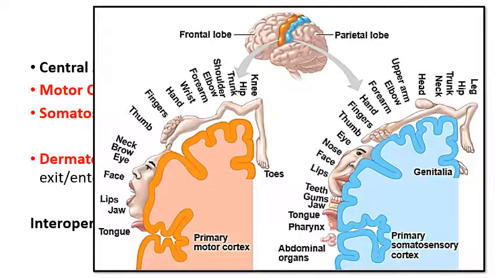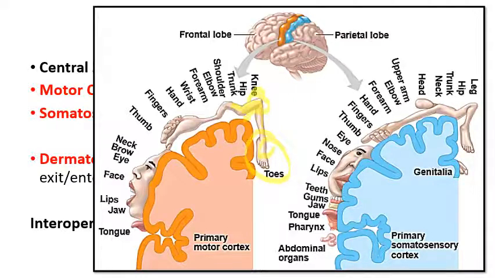All right, so let's see what we found out through intraoperative brain mapping. The motor cortex is on the left, the somatosensory cortex is on the right, and we found that these parts of the cerebral cortex in the motor cortex are responsible for moving the toes. These parts are responsible for moving the knees, the muscles and the legs and so on.